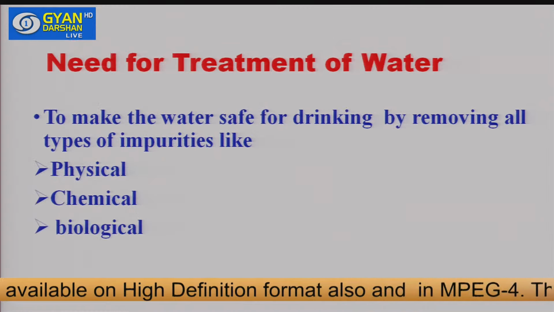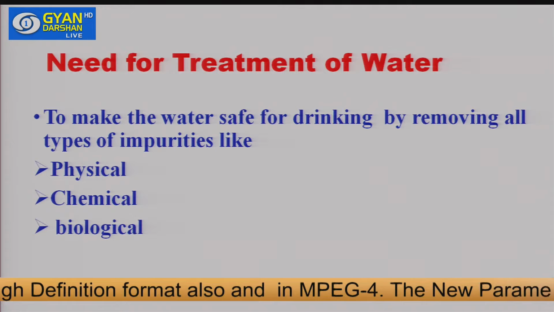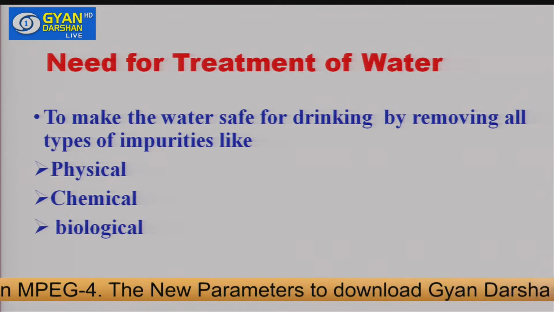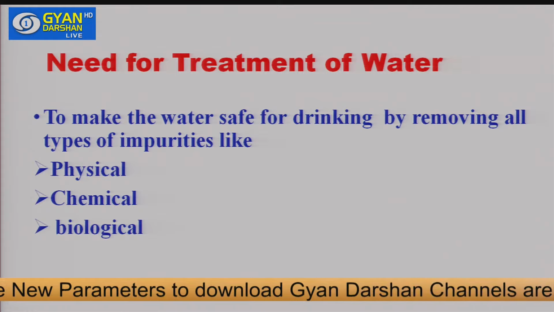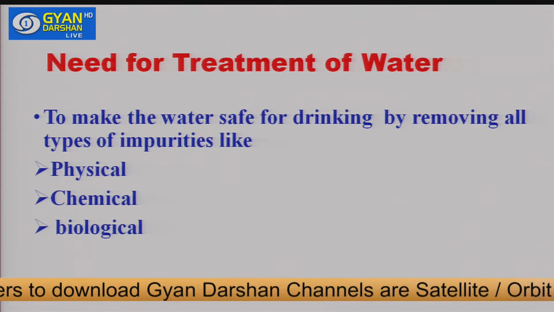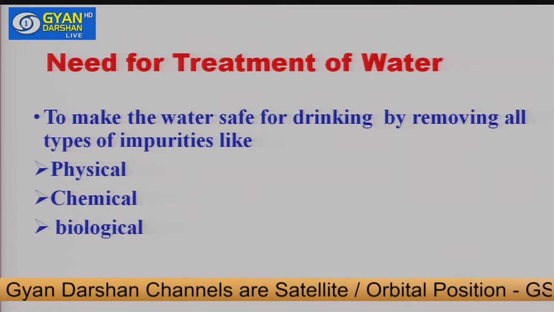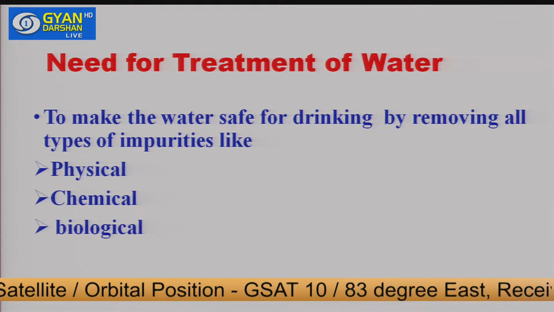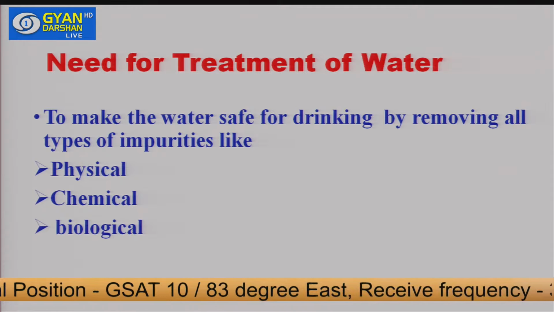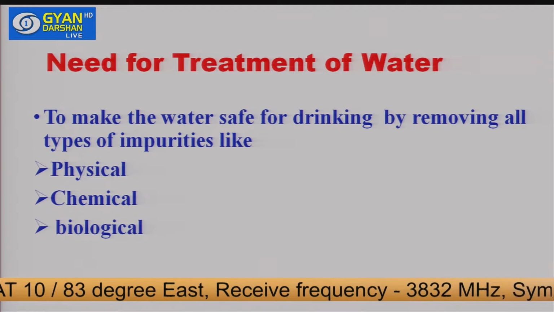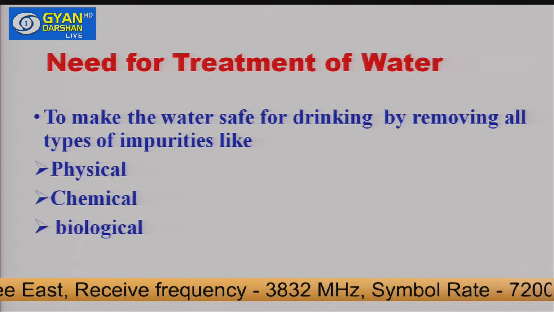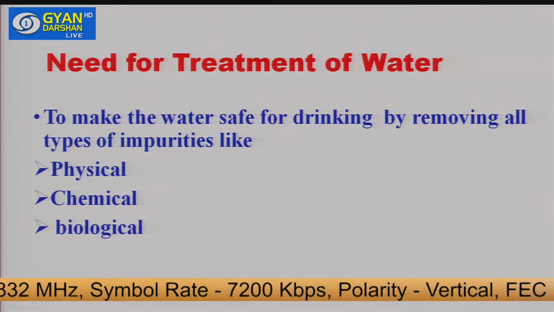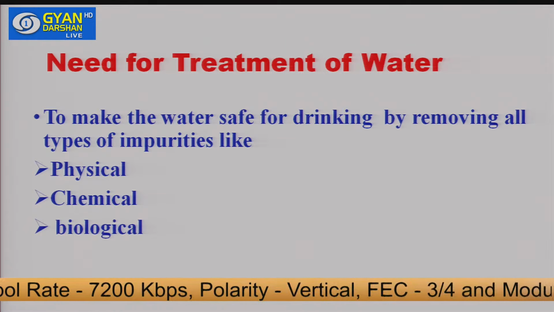So let us begin with the need for treatment of water. Why do we treat water? So that we can supply safe drinking water to all the inhabitants of a particular region. By treating water, we try to remove all forms of impurities, which are physical impurities, chemical impurities, and biological impurities.